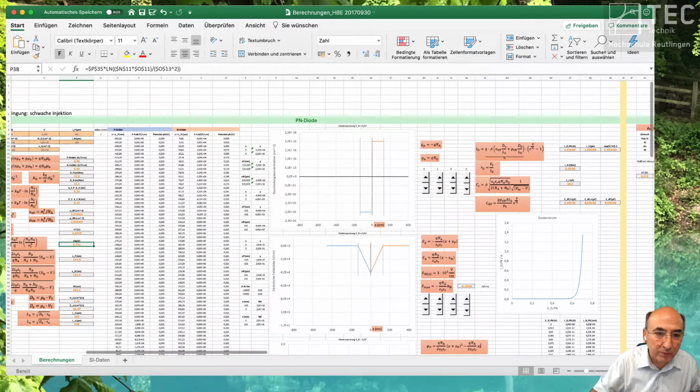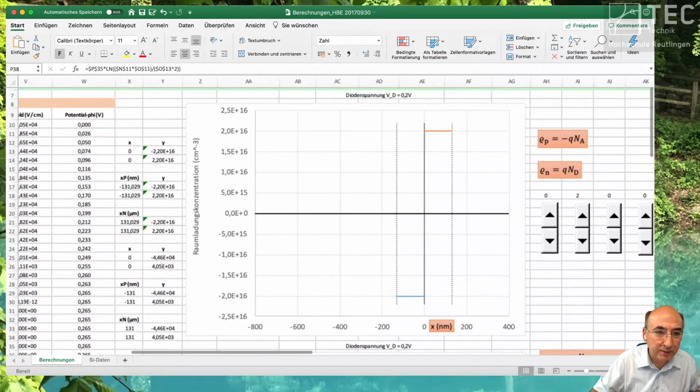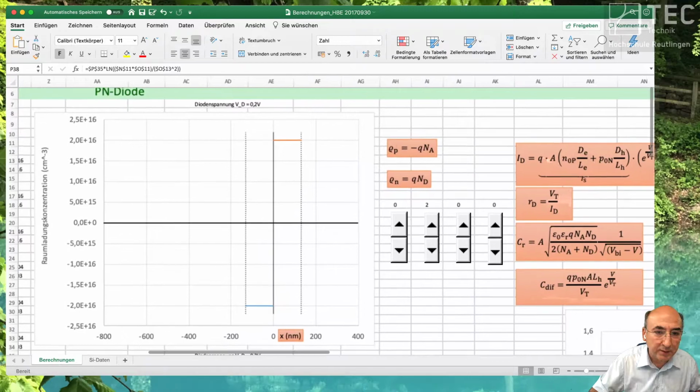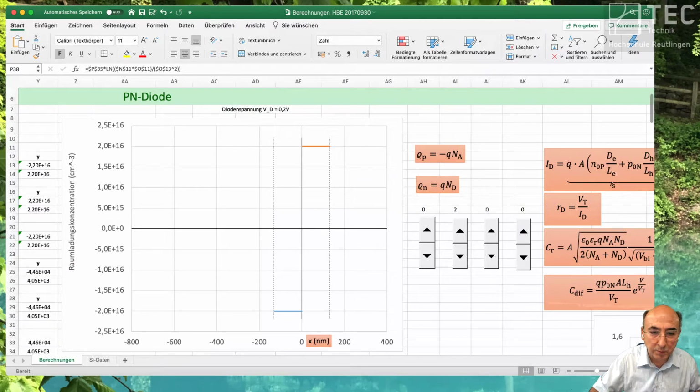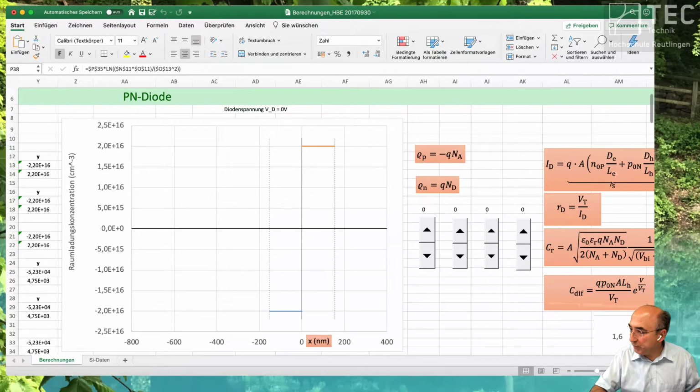Okay, so we have here the PN diode. We apply no voltage. So I click here 1, 2. To explain it, this value is the voltage in front of the comma. This point is the first position after the comma.